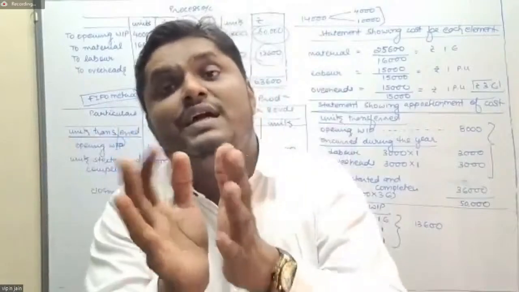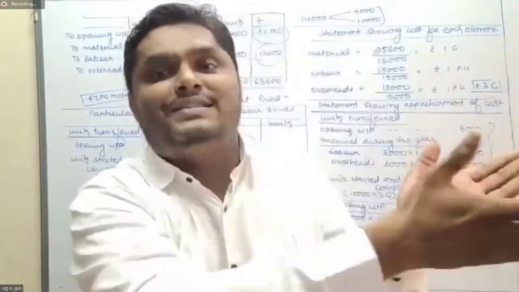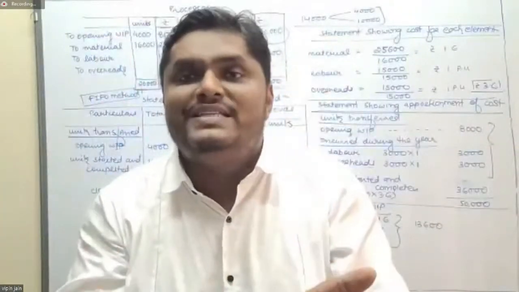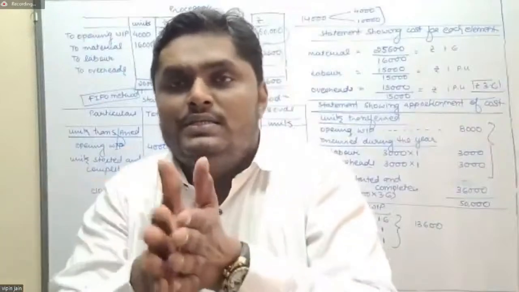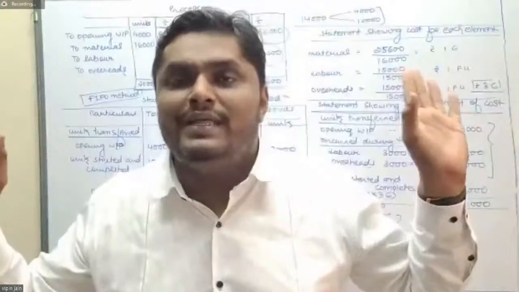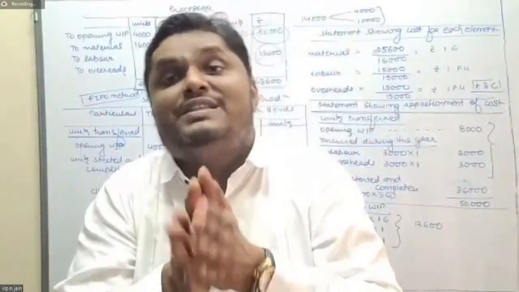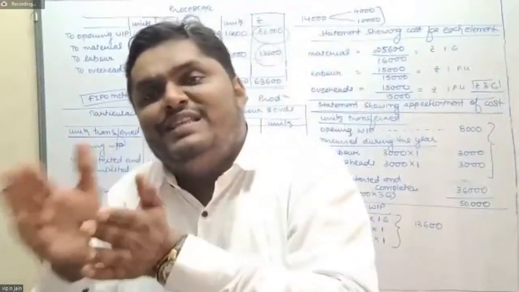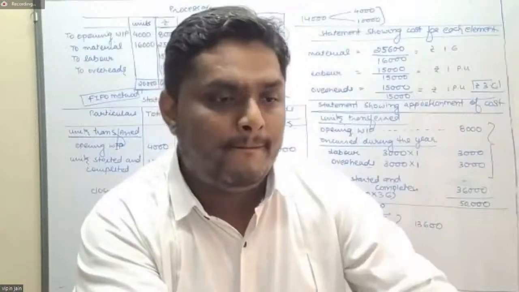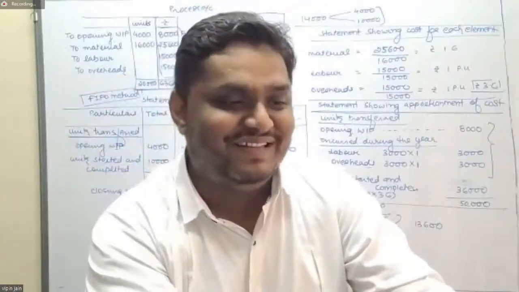So this much is the closing work in progress of the last year. That is the work that was completed last year. So when talking about this year, how much work will be completed? Very simple. The balance work. Since material is 100% processed, no need to do anything on material. As far as labor and overheads, they are 25% processed last year. So the 75% will be processed this year only. 100% minus 25%, 75%.